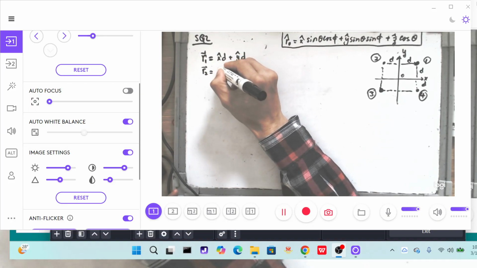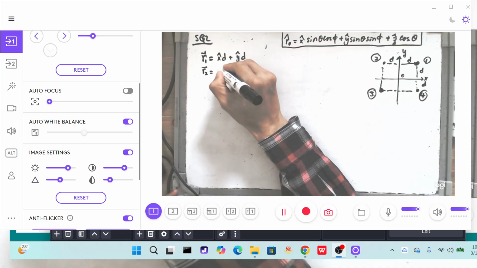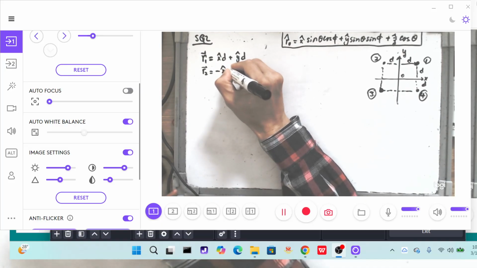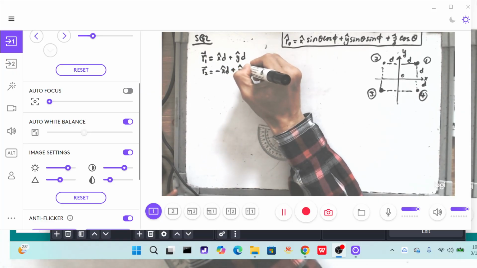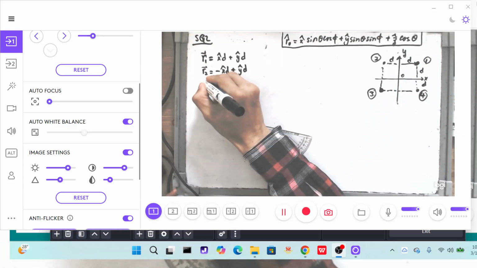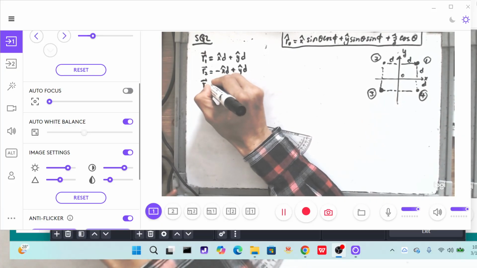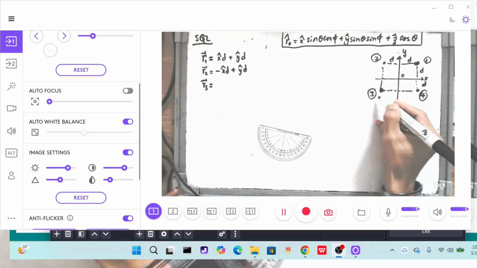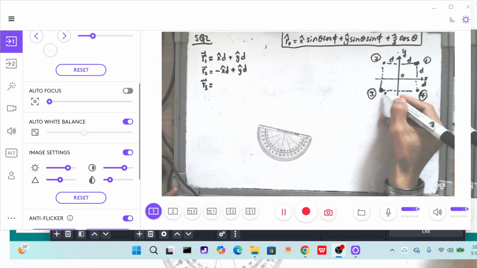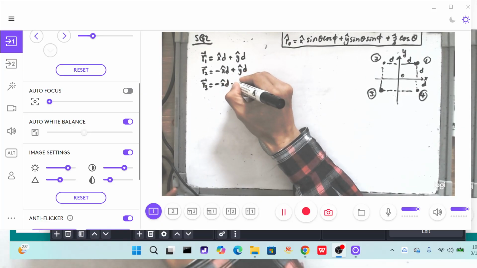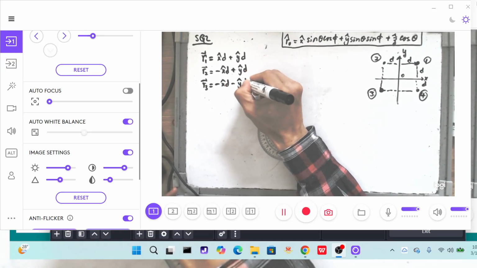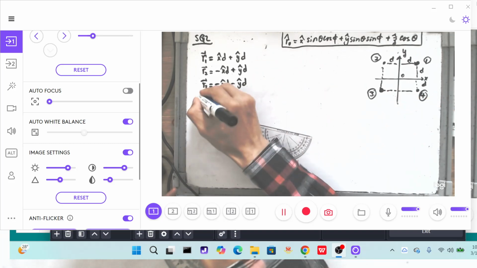And similarly, for item 2, for antenna 2, we know the coordinate. It is minus x hat d plus y hat d, and then the height has not changed. And let's take a look at antenna 3. Antenna 3, right? We have minus x hat d minus y hat d. And let's take a look at antenna 4.